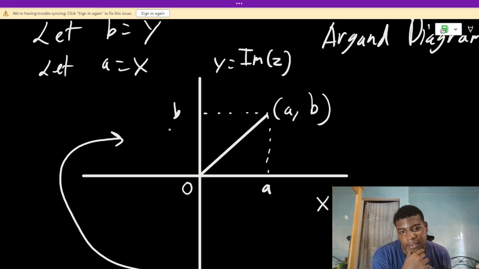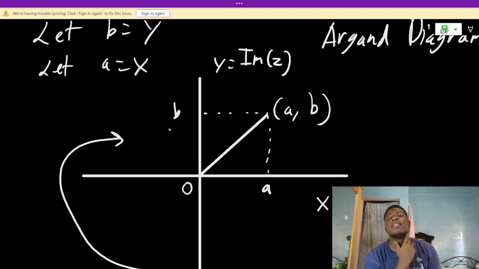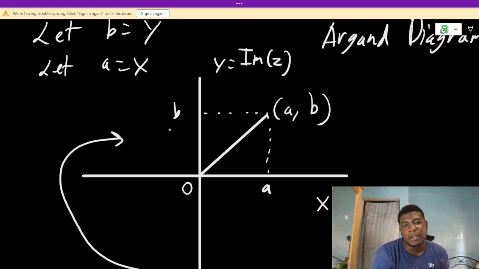That is the modulus. The reason why I call it the modulus specifically is because of how we're going to find it, and the way we're going to find it is by Pythagoras' theorem.